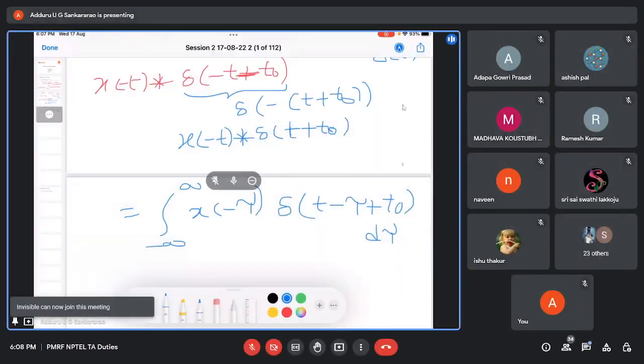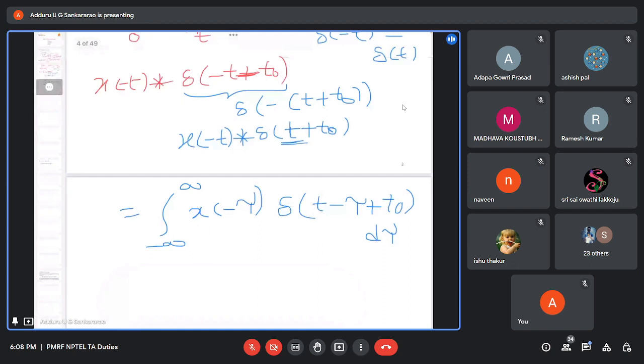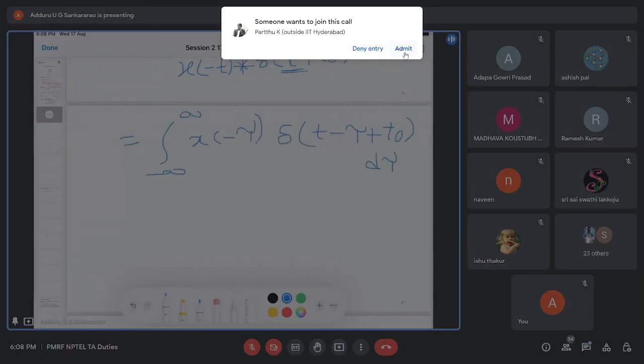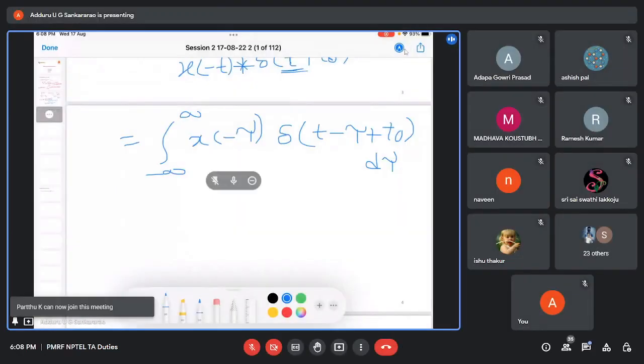First one is x of tau, but here we have x of minus t, so in place of t we have to replace tau. So x of minus tau into del of t minus tau plus t naught d tau. Now we know del of t equals 1 only when the inside quantity is 0, otherwise it is 0.